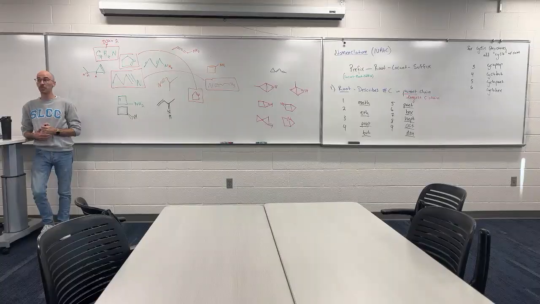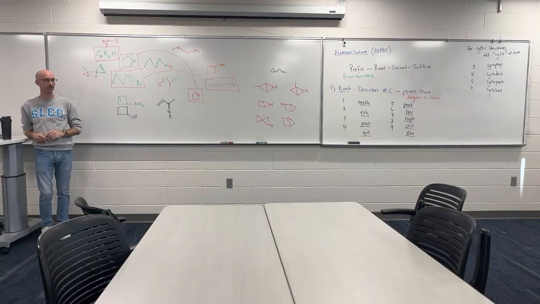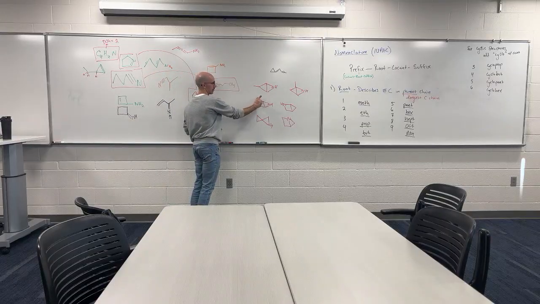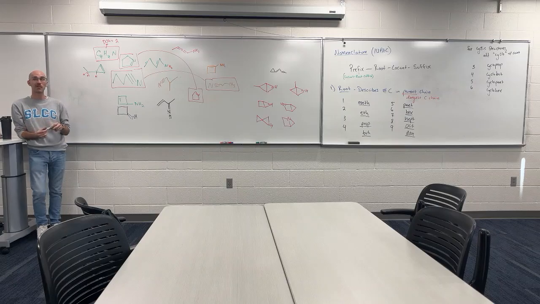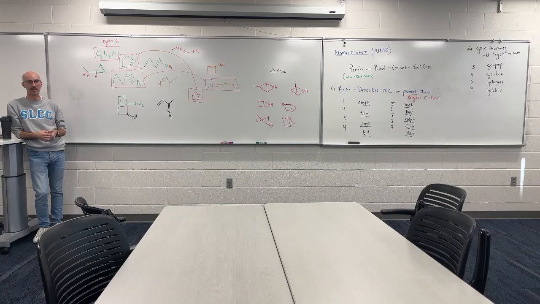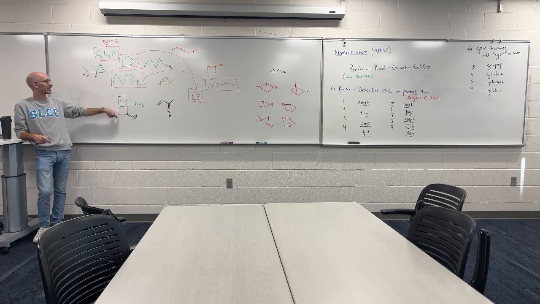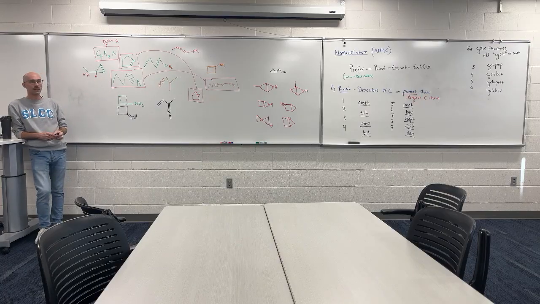Are there any cyclobute based rings anywhere on this board? Just right here. That's the only cyclobute on the board. Are there any cyclopent based compounds on the board? Oh yeah, you're right. Those are also cyclobute. Thank you for pointing those out. And that one up there. Cyclopent.